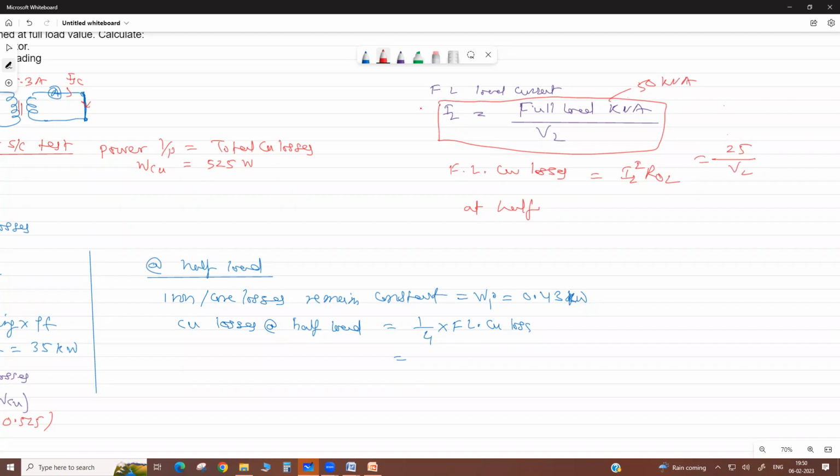So as compared to full load, at half load this current becomes half because the voltage is not changed. So at half load, your I2 is reduced to half of your full load current.